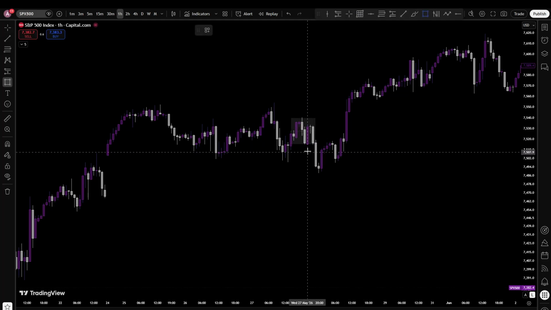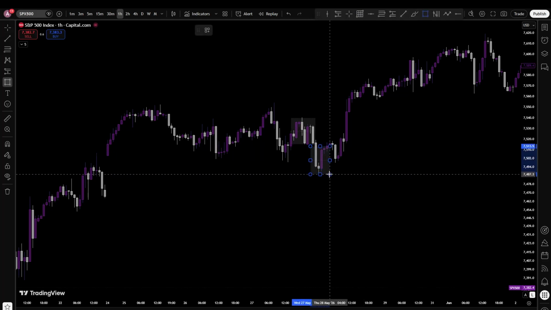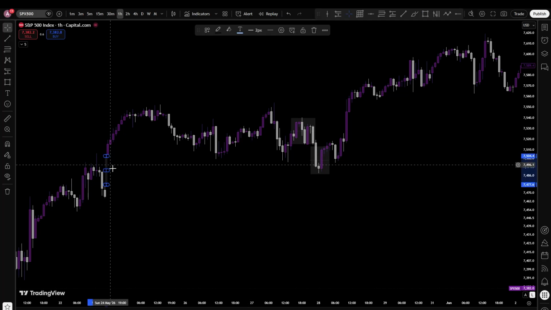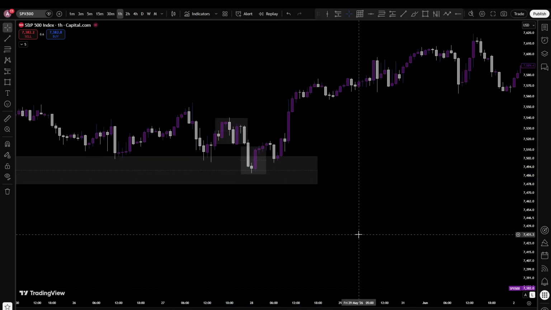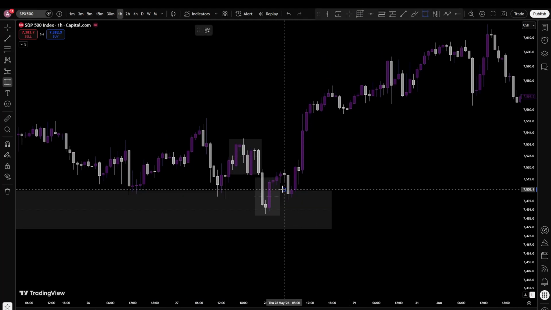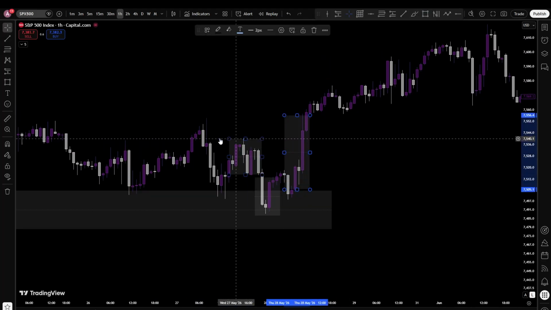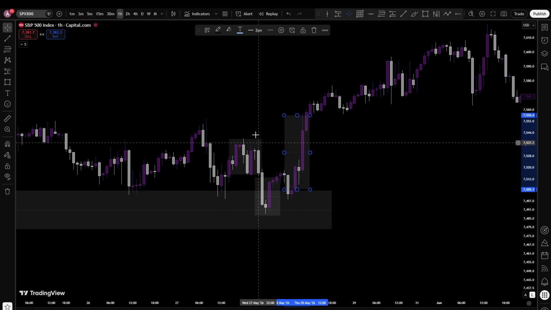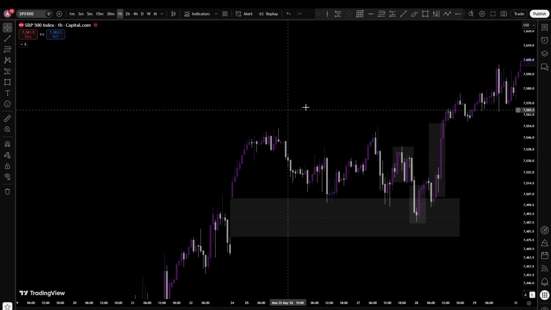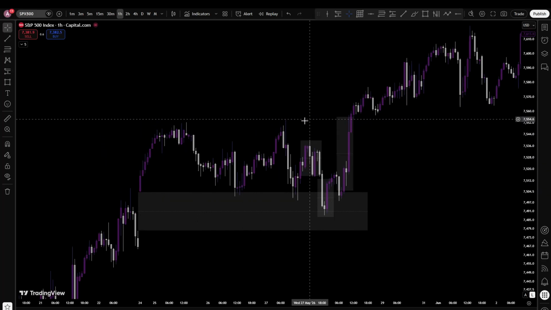After that we got the manipulation phase, where the price formed a low into some zone of interest, which is this liquidity void on the left side. After that comes the distribution phase to collect this high here, the high from consolidation or accumulation, and even further to collect the buy side liquidity, which is this one here.